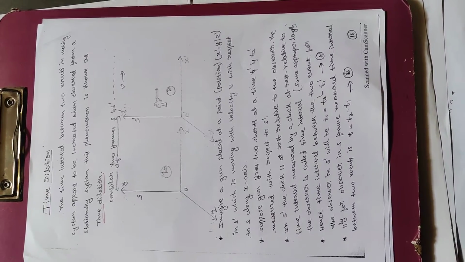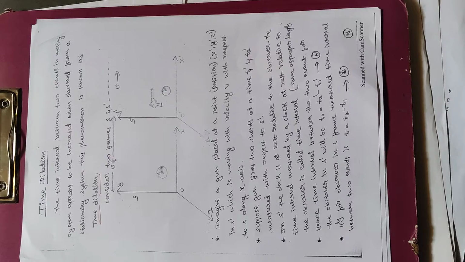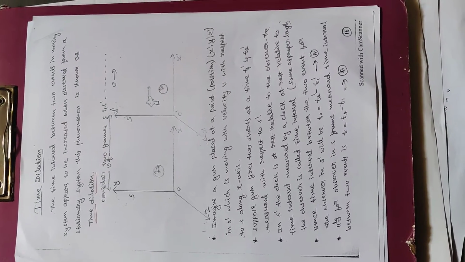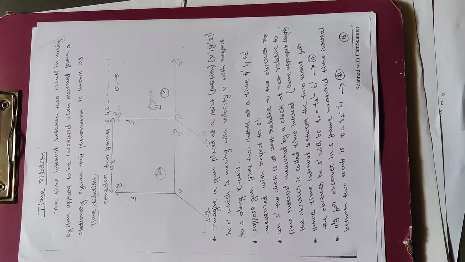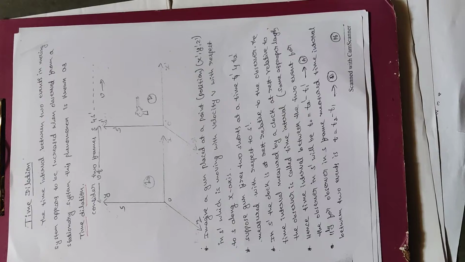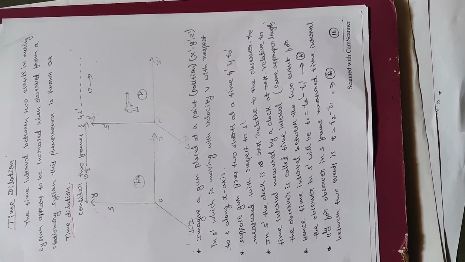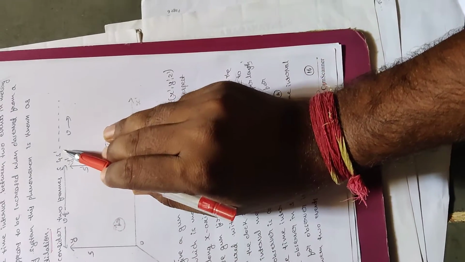In length contraction, we see from a stationary system that the length is contracted or decreased. But in time dilation, compared to the stationary frame, the time should be more in the moving reference frame. So consider two frames S and S dash.